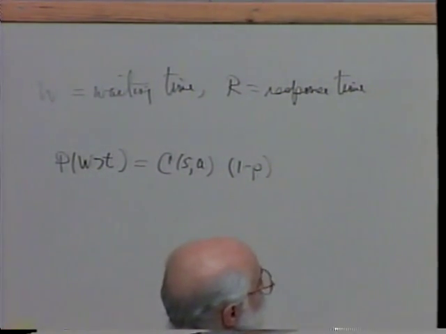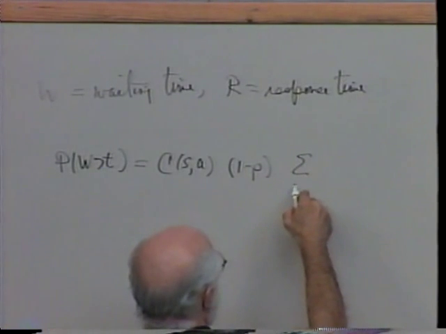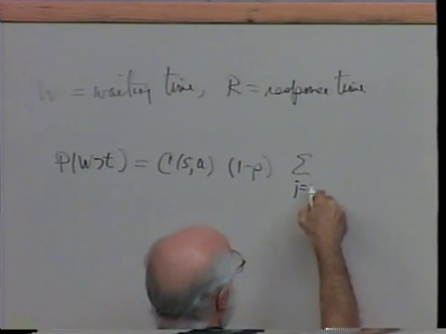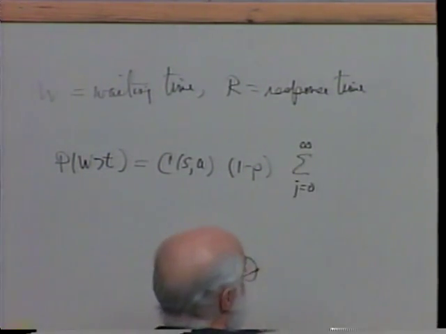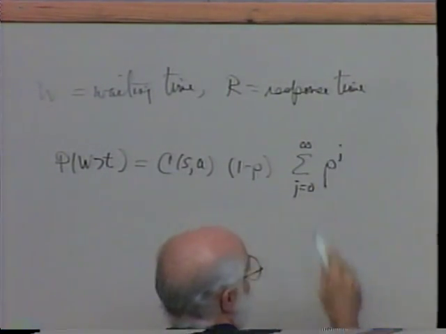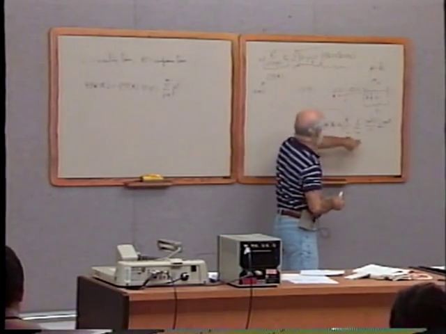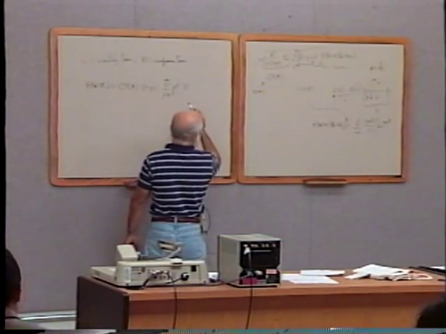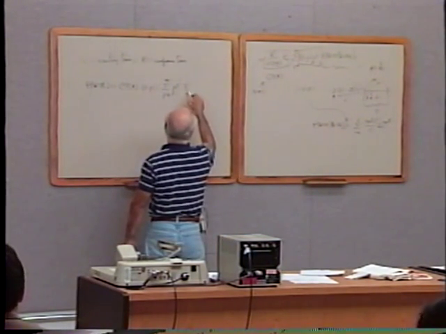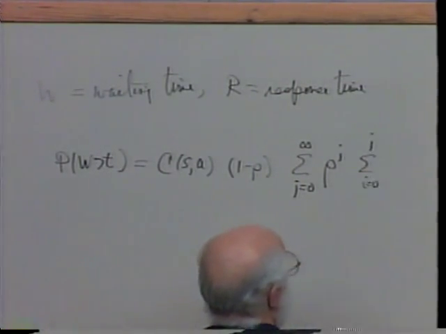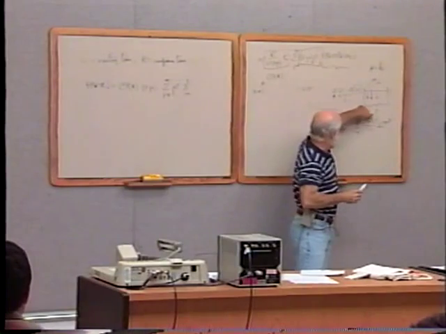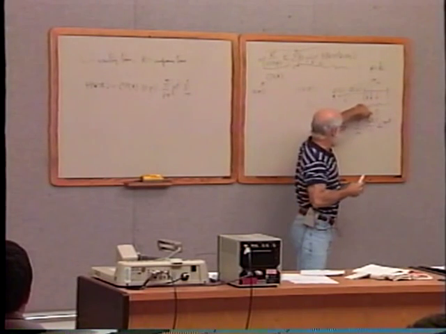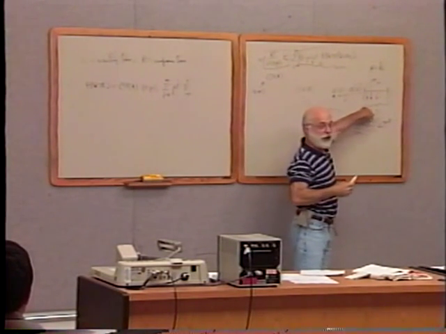And then I have the summation as j runs from 0 to infinity of rho to the j. That's this term. And then I have the summation as i runs from 0 to j. And then I have this s mu t. To simplify my writing, I'm just going to call s mu t equal to x.